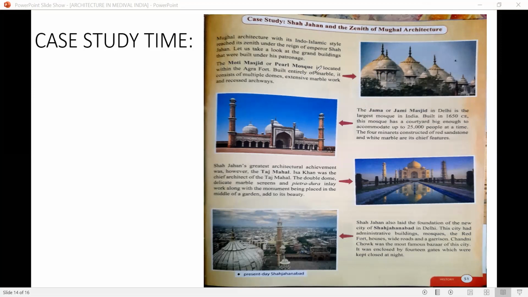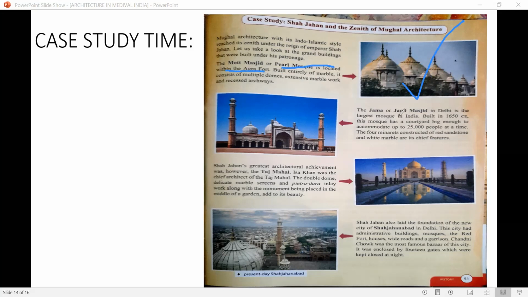It contains multiple domes, extensive marble work, and recessed archways. We discussed the arch, from where we get these types of structures. We have several domes here. It is also known as the Pearl Mosque, and it is located in the Agra Fort itself.